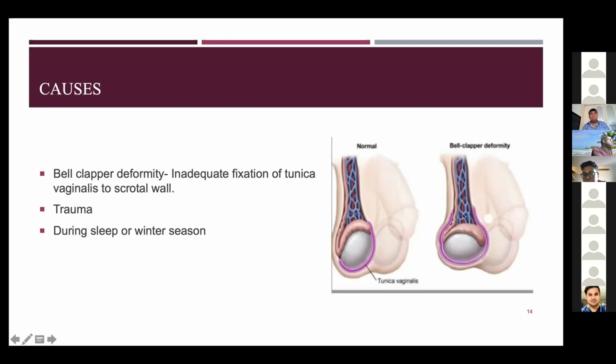As we can see in the figure on the right, the testis is in a horizontal lie, and the tunica vaginalis extends upwards and beyond, enclosing the testis, which is mobile and has a higher degree of torting on its axis compared to the one shown on the left side.